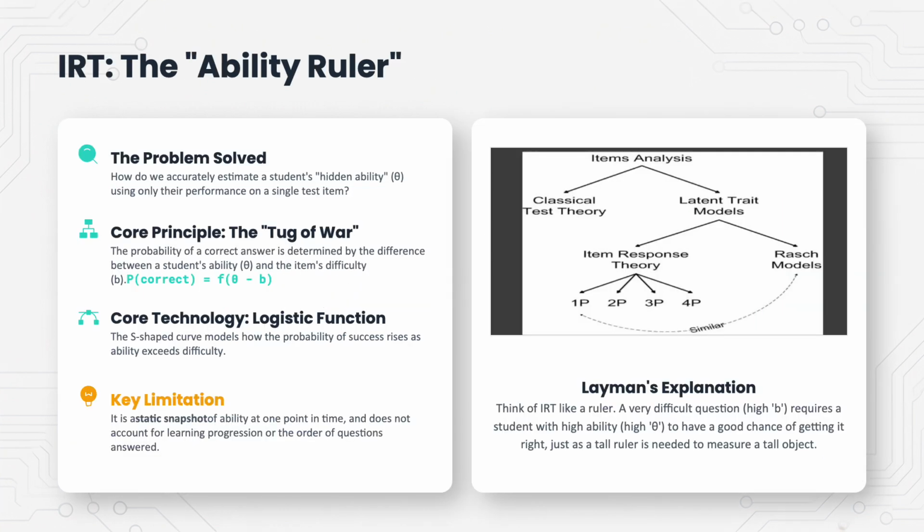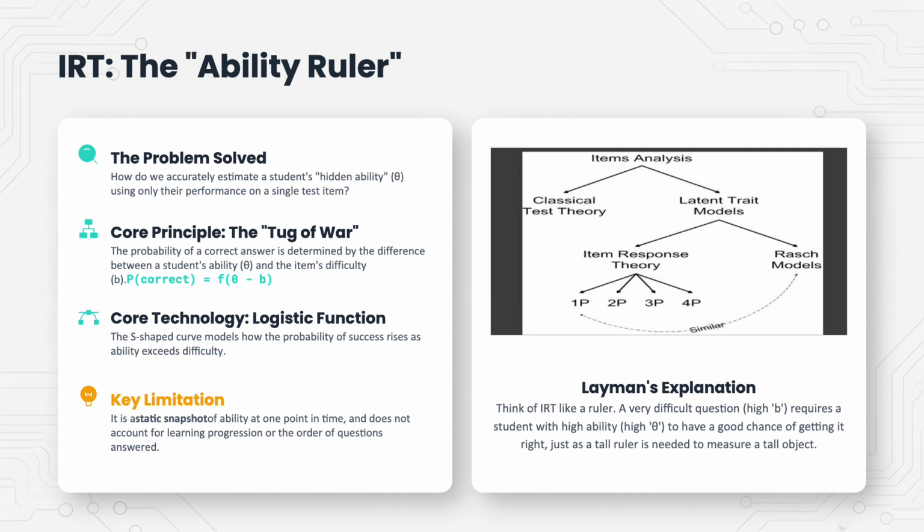The first and arguably most influential model from this era is item response theory, or IRT. Think of IRT as a sophisticated ruler for measuring ability. The core idea is beautifully simple. The chance that a student gets a question right depends on a tug of war between the student's ability and the question's difficulty. If a student's ability, represented by the Greek letter theta, is higher than the question's difficulty, B, they are more likely to get it right.